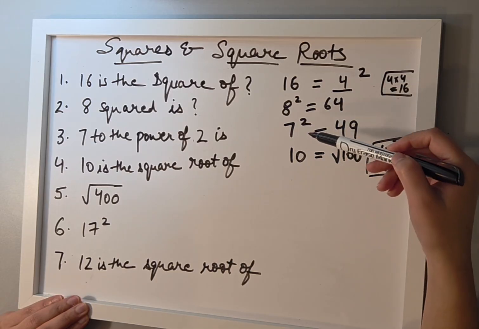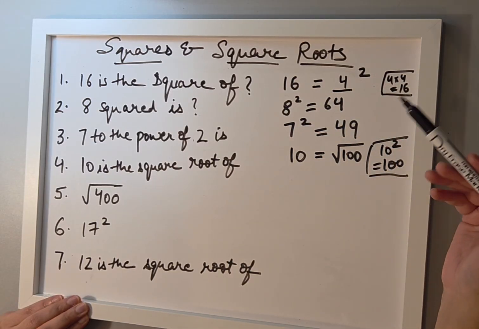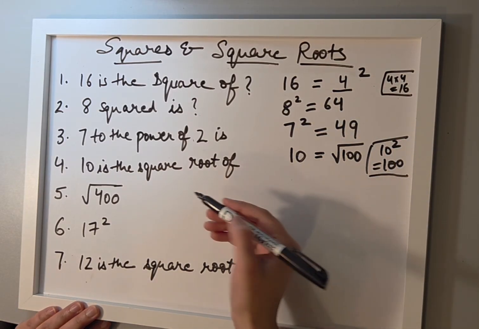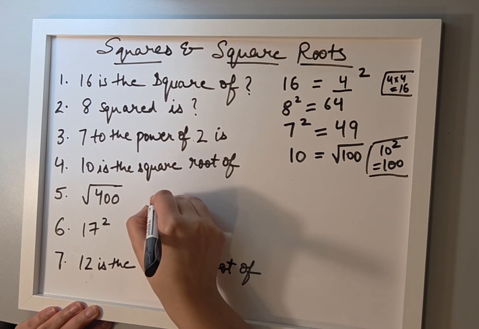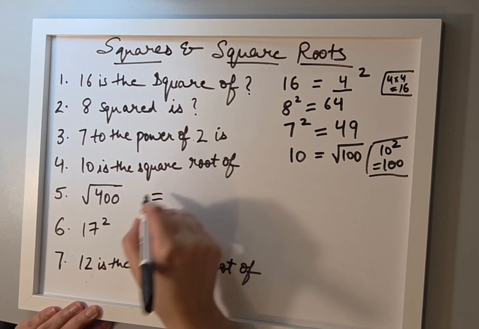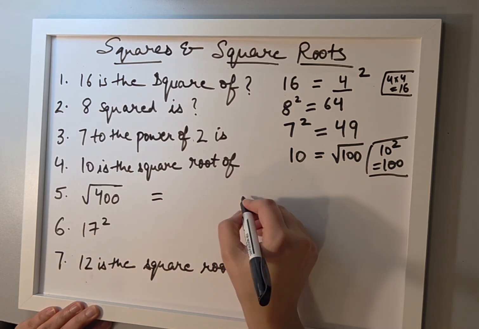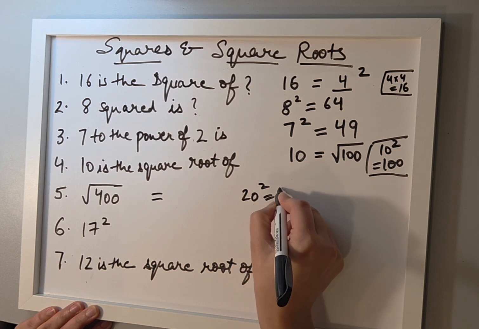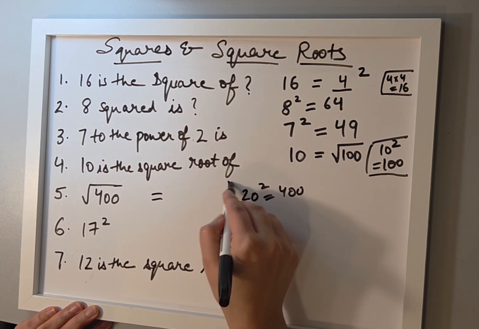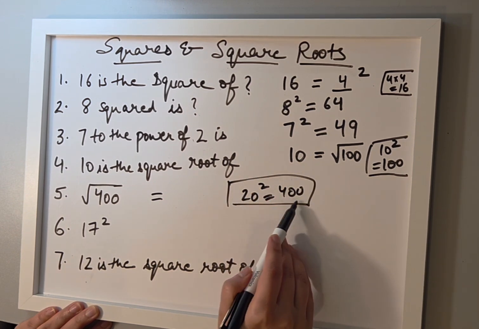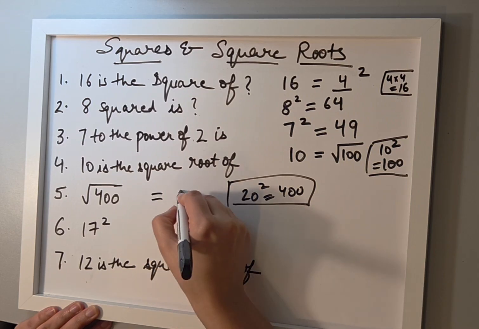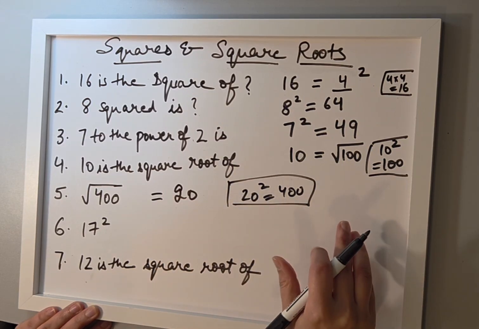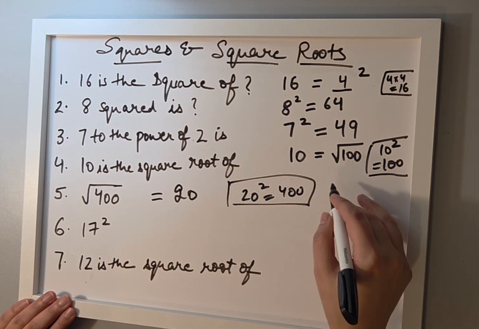If not, we can use the factor tree to find the answer and we'll get 20. To verify if our answer is correct, we can do the square of 20. We get 400. So we know the answer is correct.